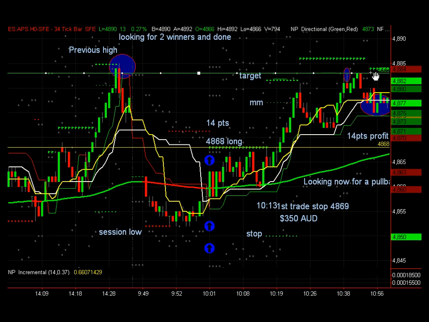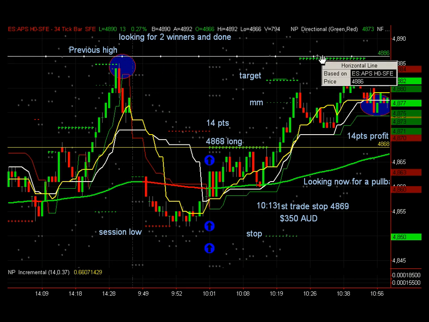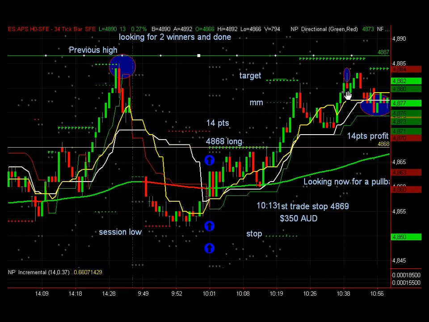That's really no good for us, because it's still just below that previous high, so we adjust that up to 48.87, which we do. So now we're looking for a re-entry long.